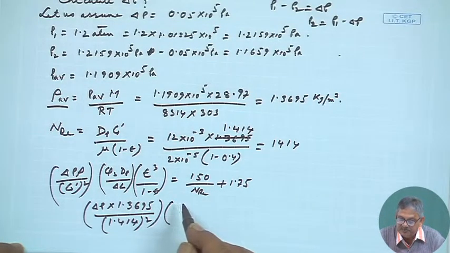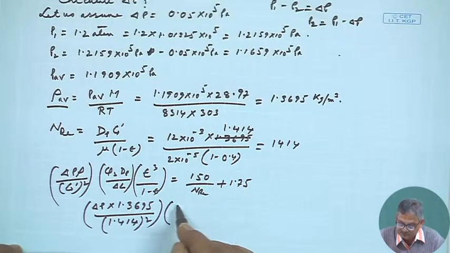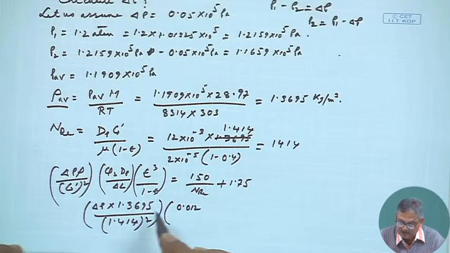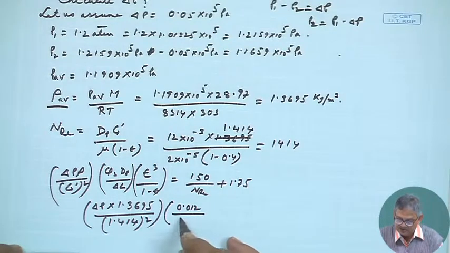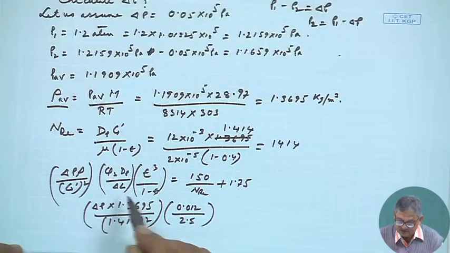So dP is given as 0.012, right, delta L, that is height, in this case given as 2.5 meter, right.